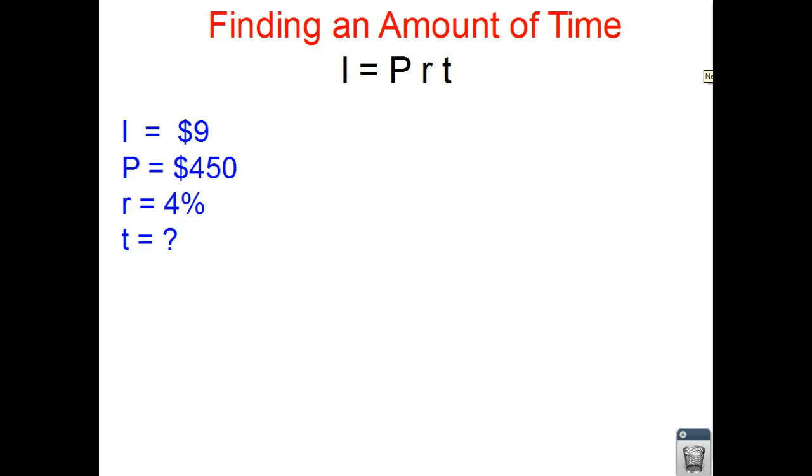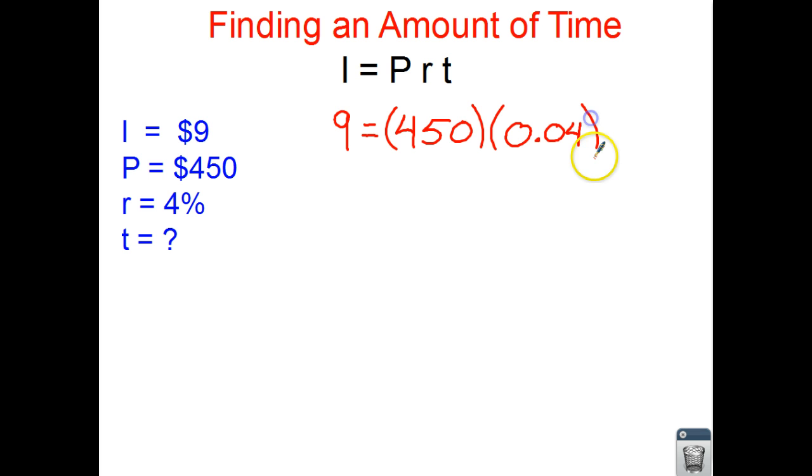Now we are missing the time. And nothing has changed here in terms of how we go about solving. We have missing variables. So let's plug in all of the numbers that we know. Interest is 9. The principal is 450. The rate is 4%. We'll change it right into our decimal.